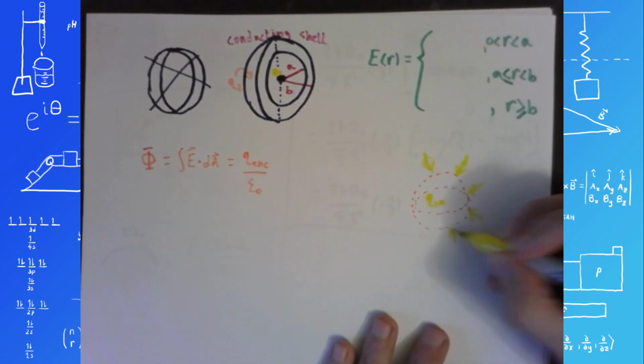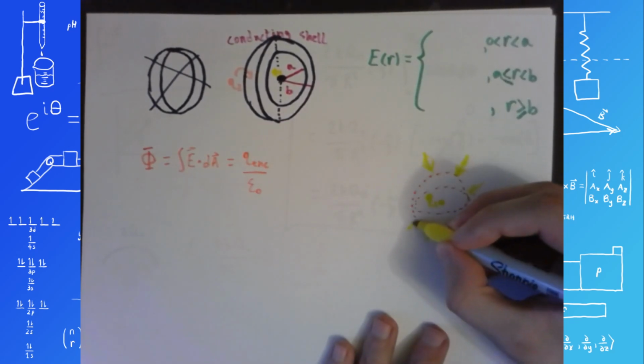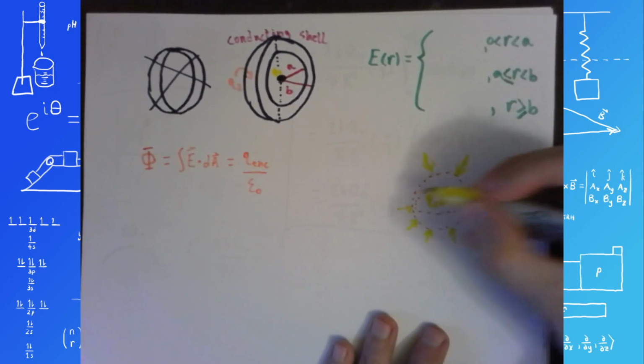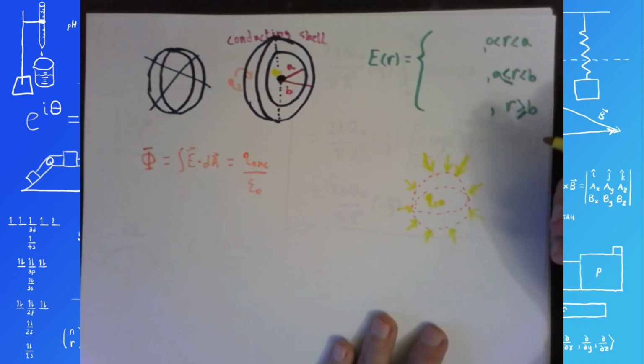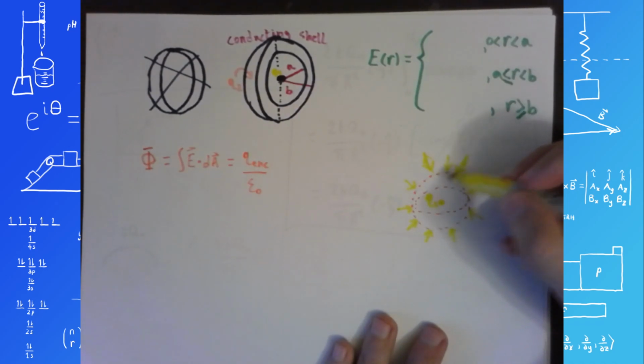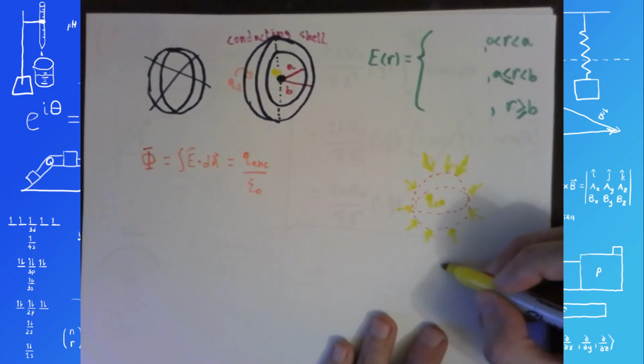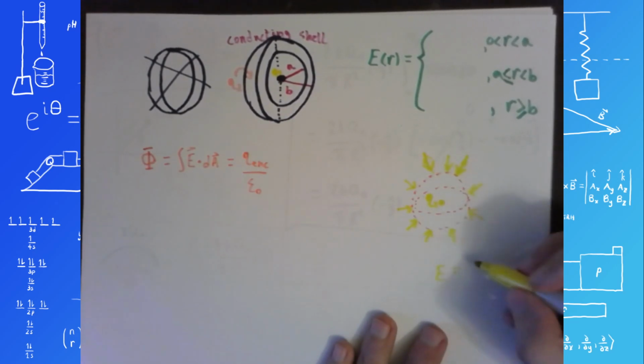But regardless of whether it's inward or outward, the electric field at each point on the surface of this sphere is going to be the same because each point on the surface of the sphere is an equal distance away from the point charge, and we know that the electric field of a point charge is equal to k times the magnitude of the charge divided by the distance squared.